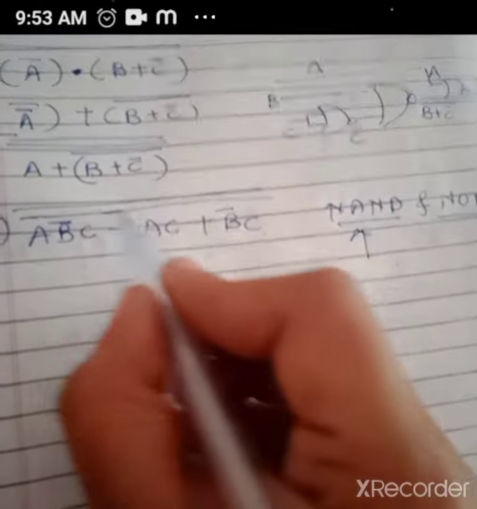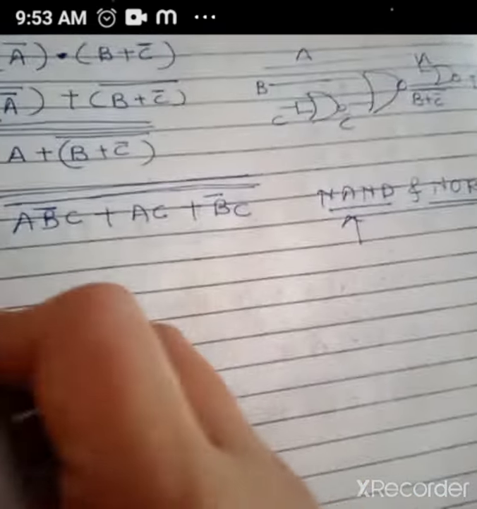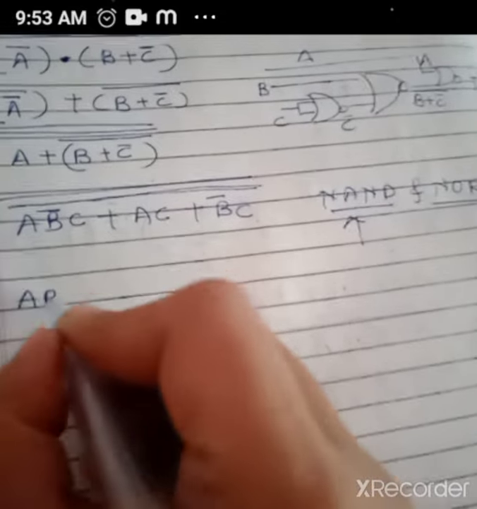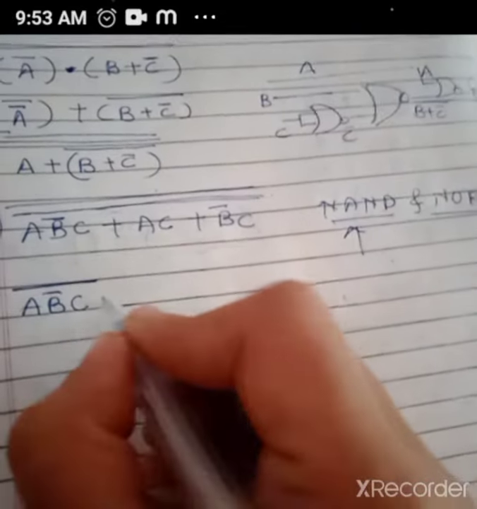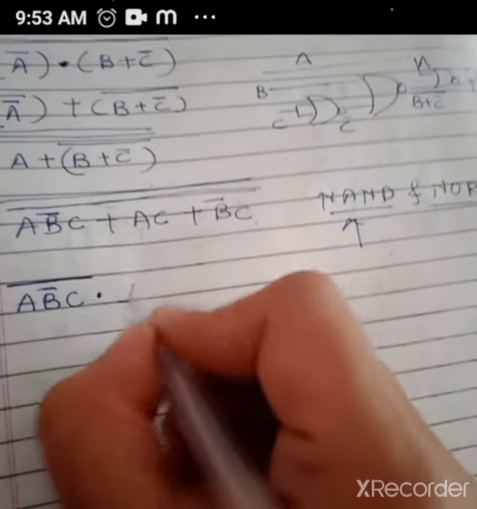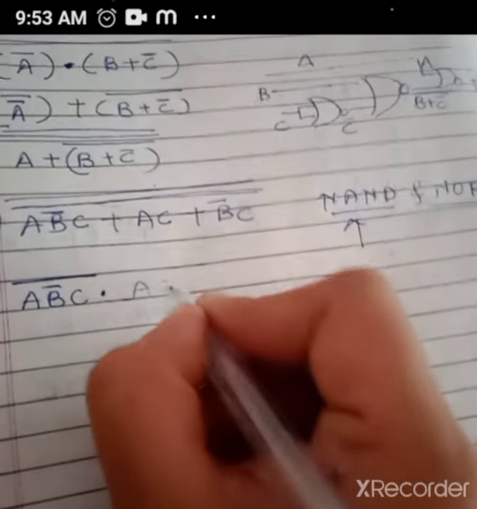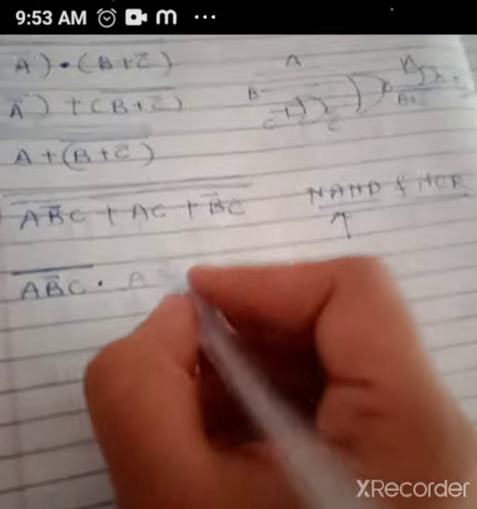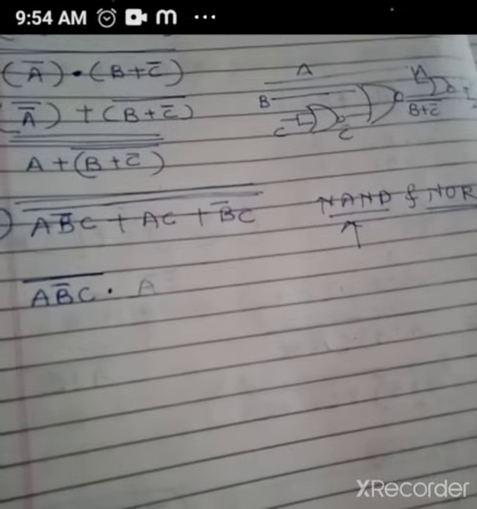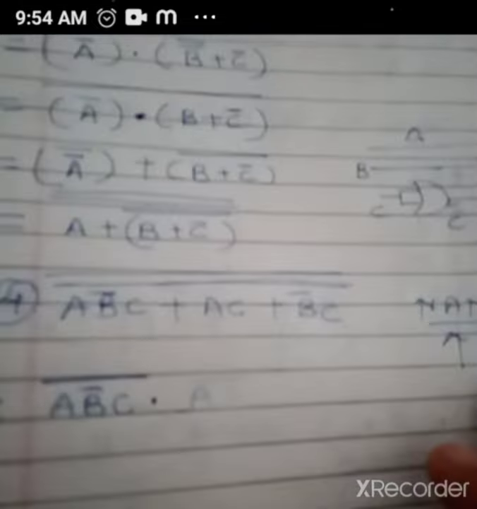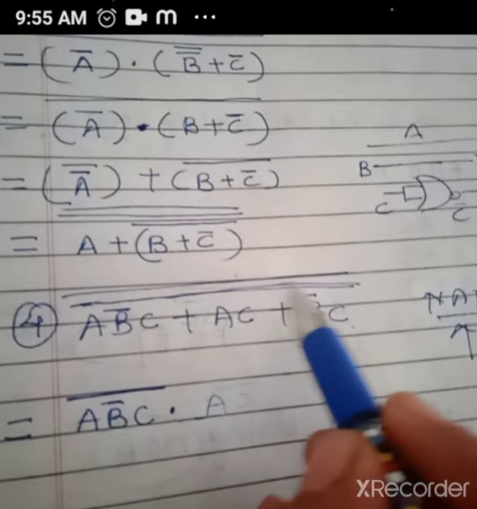And we try to separate this bar first. So if we separate this bar, the whole bar gets separated and the plus will be converted into dot. Sorry for the interruption. So we want to separate out this complement.